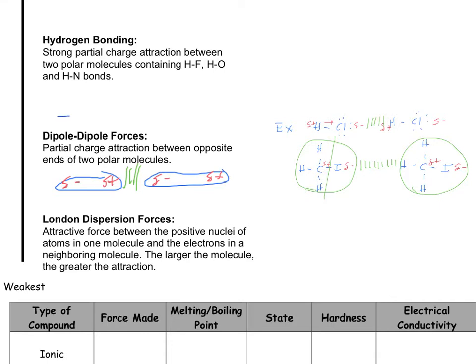Here's a simple diagram representing a hydrogen bond, where we have one polar molecule with a slightly negative end and a slightly positive end created by having an H. On the neighboring molecule, we have a slightly positive end and a slightly negative end, but that slightly negative end is created by having an O, an N, or an F. Each of these elements contain a strong, slightly negative, and the hydrogen a strong, slightly positive.